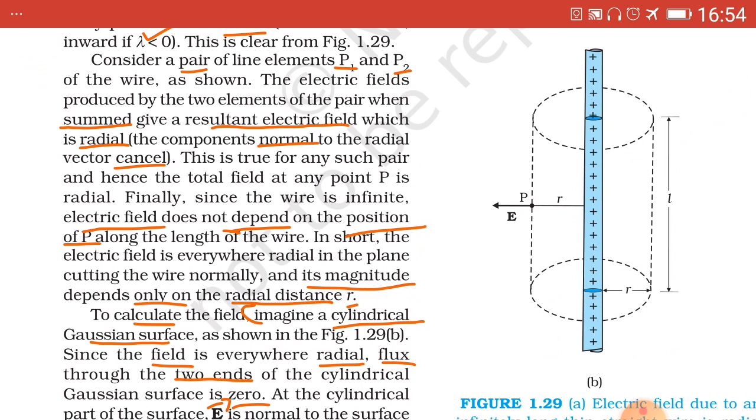Now we consider a pair of line elements P1 and P2 of the wire as shown in figure B. The electric fields produced by the two elements of the pair have to be summed and they give a resultant electric field which is radial.